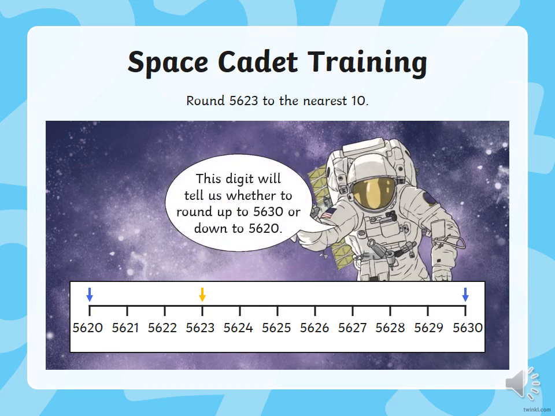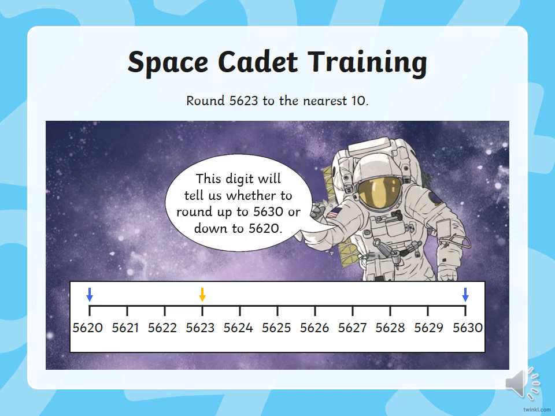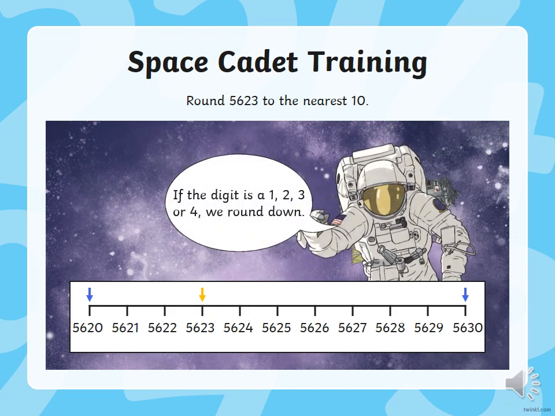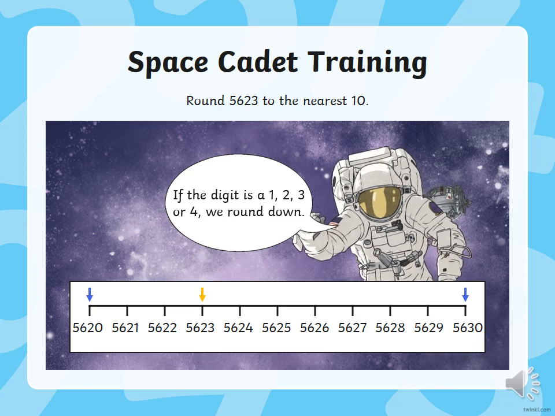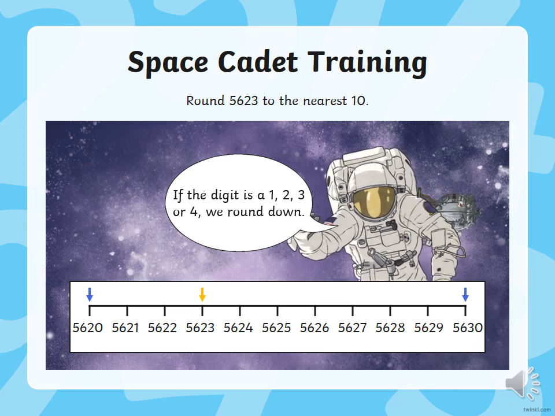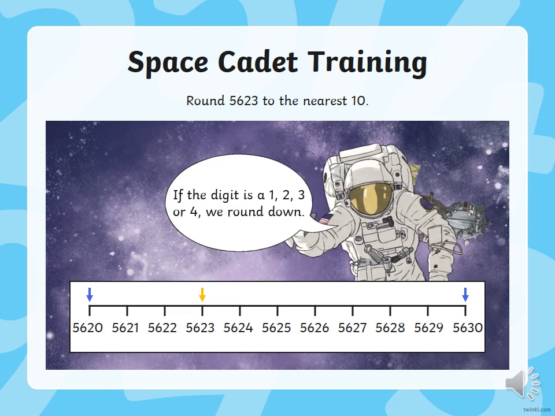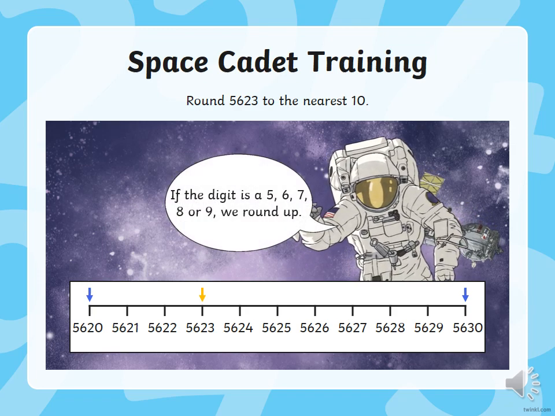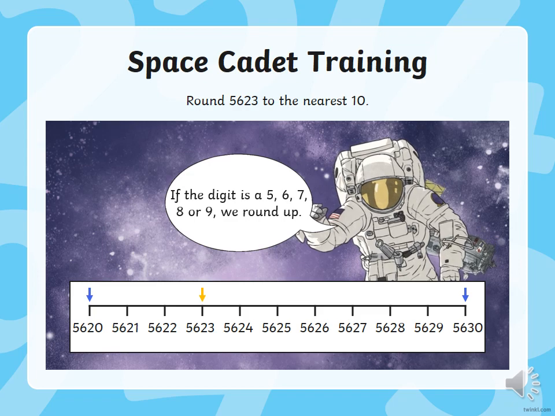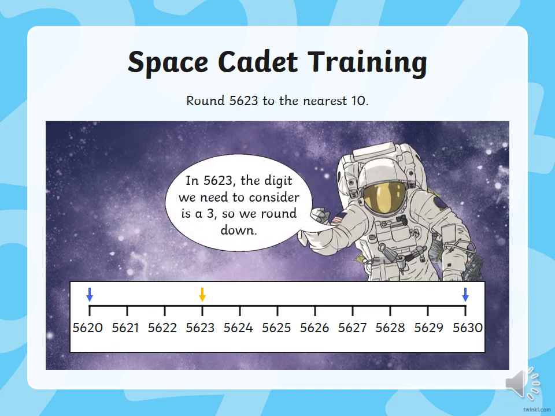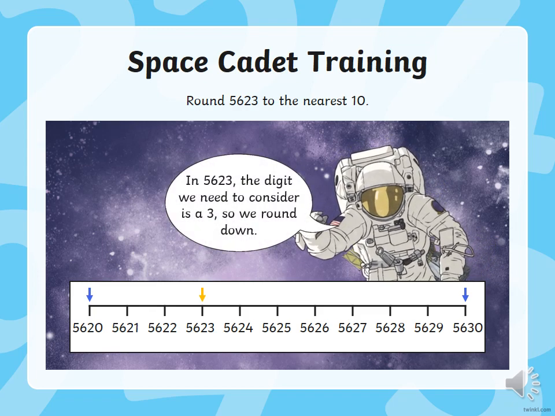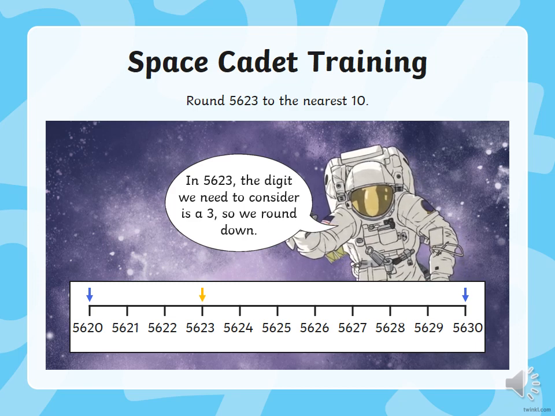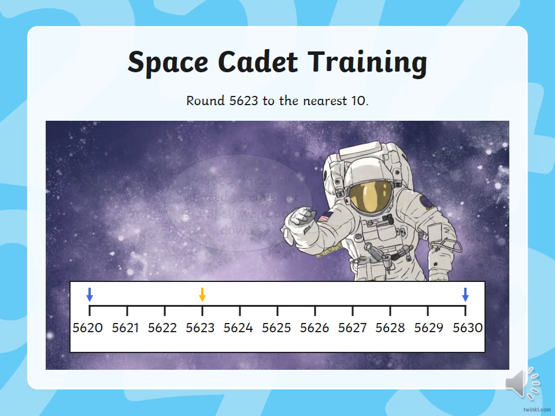The digit will tell us whether to round up or down. If the digit is 1, 2, 3 or 4, we go down, and if the digit is 5, 6, 7, 8 or 9, we go up. In 5,623, the digit we need to consider is a 3, so we round down.